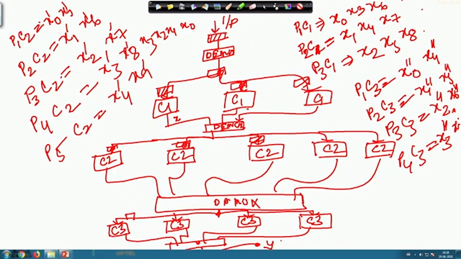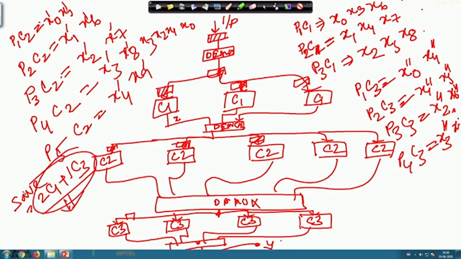So, at that time I have saved 2 C1 blocks plus 1 C3 block. Okay. So, that means I can reduce the area, and I can also reduce the power too.